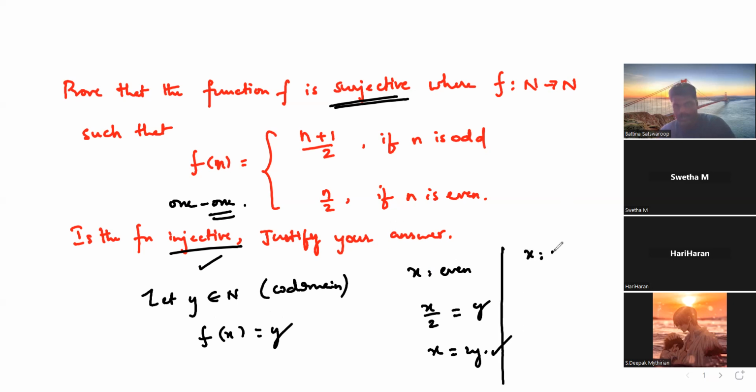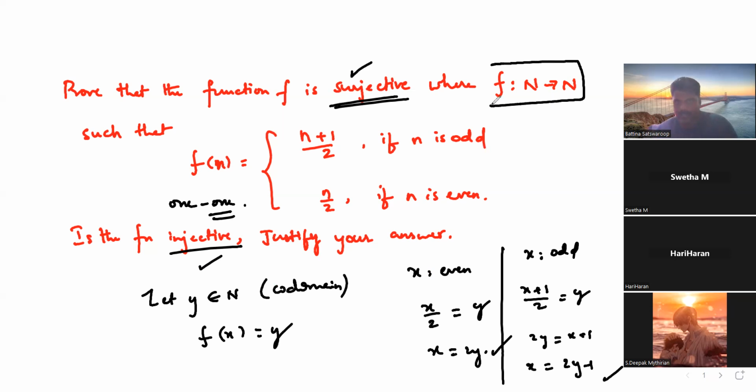What comes if x is odd? x plus 1 by 2 is equal to y, 2y is equal to x plus 1. We need x, so 2y minus 1. This is also holding good, no sir? Whether we take 2y minus 1 or 2y, you are going to get a natural number only, right? So it is a surjective function for the given intervals. Okay. Next question, sir.